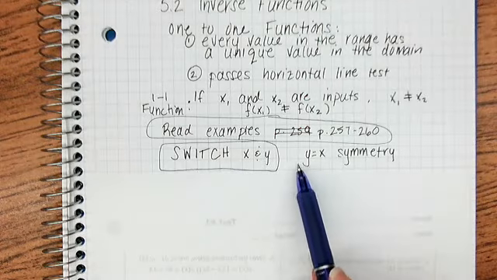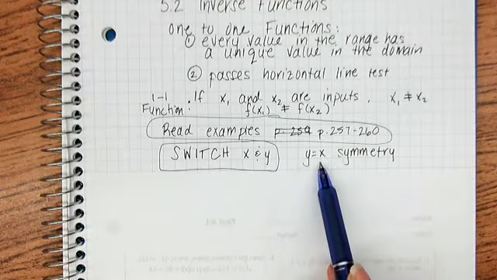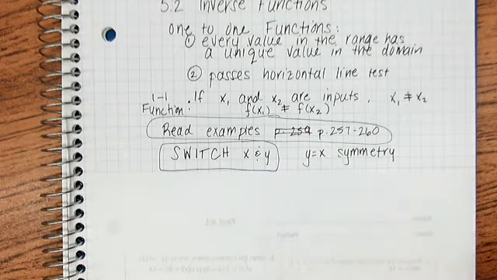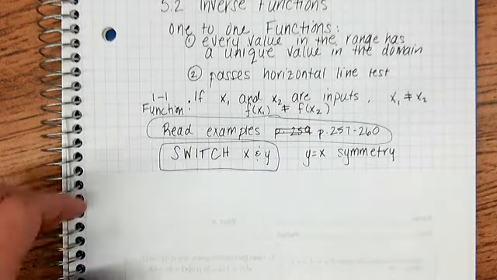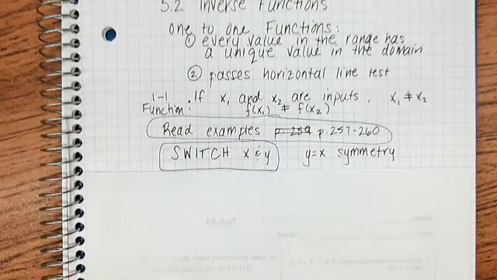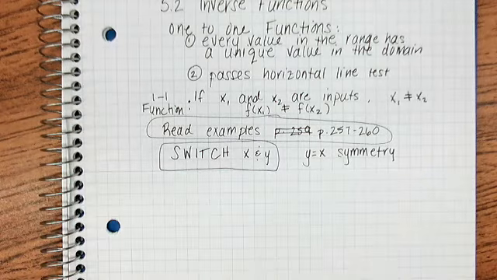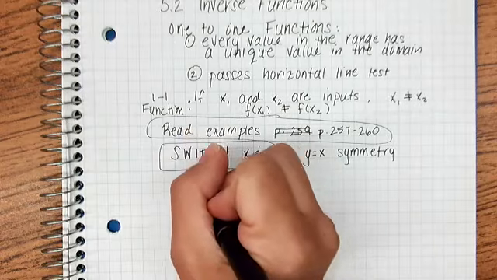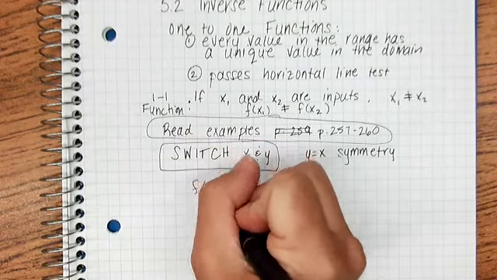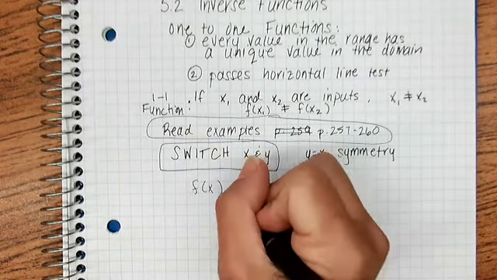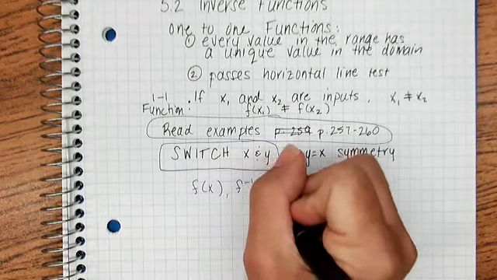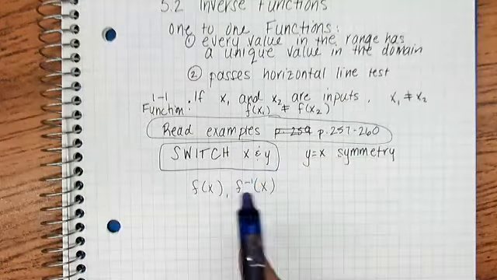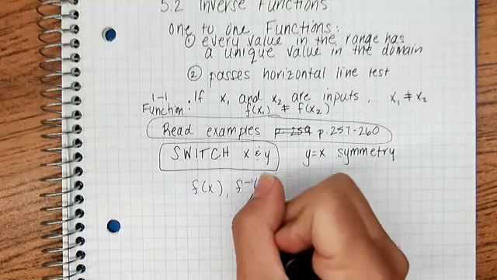All inverse functions, inverses and functions have y equals x symmetry. All inverse functions with their functions have y equals x symmetry, meaning the f of x and the inverse, this is inverse notation.